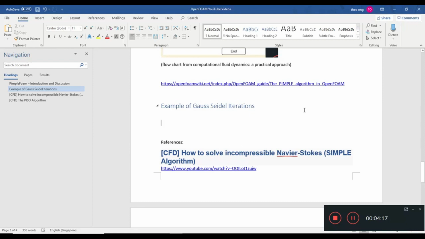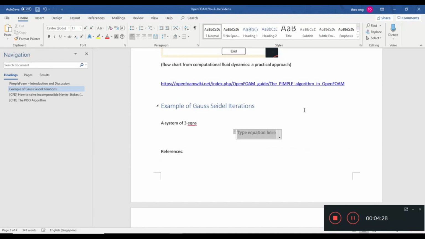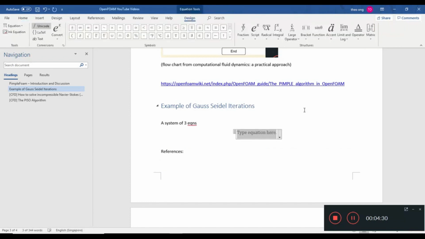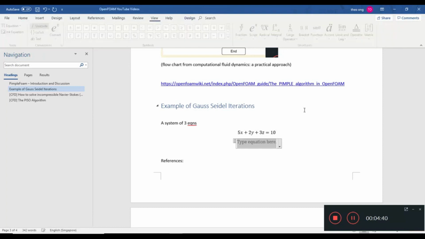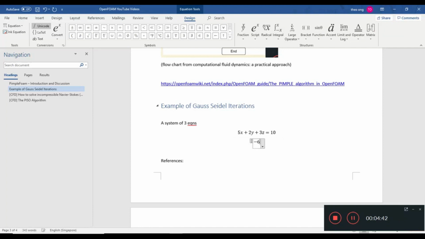So we have a system of 3 equations. Let's give 5x plus 2y plus 3z equals 10. Another random one, minus 6x plus 10y plus z equals 13.